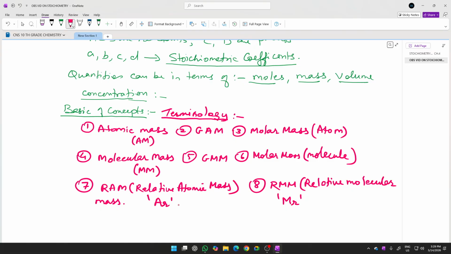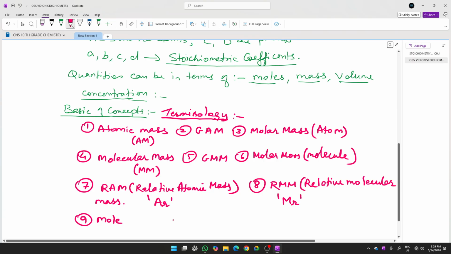Apart from this, you should also understand the mole concept, and you should be able to connect the mole with mass, volume, and concentration.